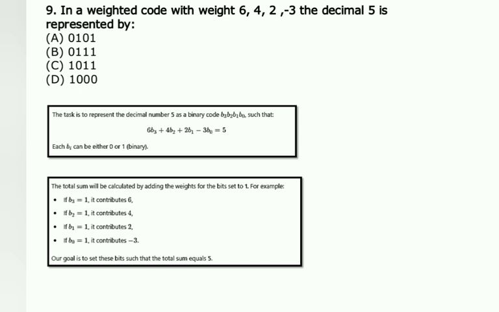Right. So if you make 4 as 0 here, 6 plus 2 is 8, minus 3 is 5, which equals 5. So the correct option is option C, 1011. So the binary value B2 must be 0 here, not 1.